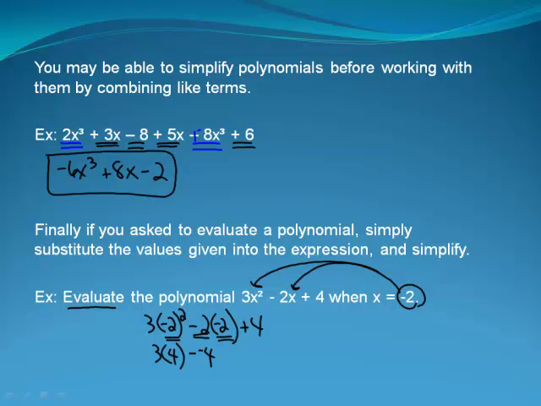That'll end up being a positive 4, and the same thing is true here. Minus a negative is the same as adding a positive. So either way, you're going to end up adding a 4 there. And then you have that plus 4 on the end. That gives us 12 plus 4 plus 4. And working left to right, 12 plus 4 is 16. 16 plus another 4 is 20.